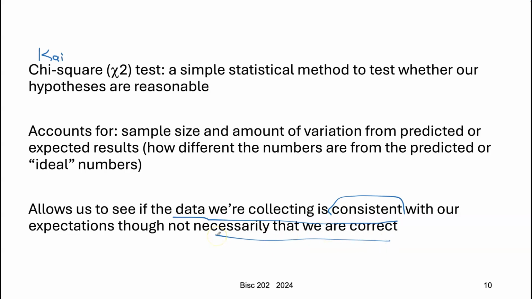And I'll probably say this a couple more times through the lecture, because you could have a hypothesis that these genes are not assorting independently because aliens have, I don't know, done something. And then the chi-squared might show that the genes aren't assorting independently, but your reason would not necessarily be the correct one. It's highly unlikely that it would be aliens.